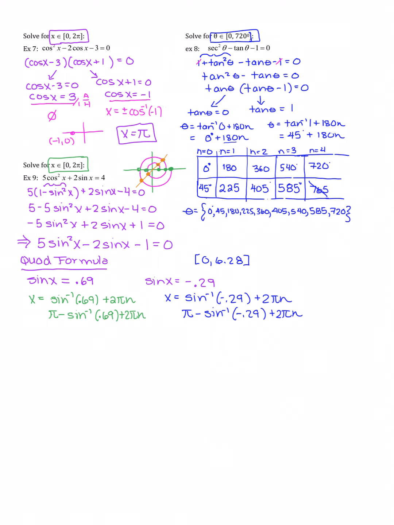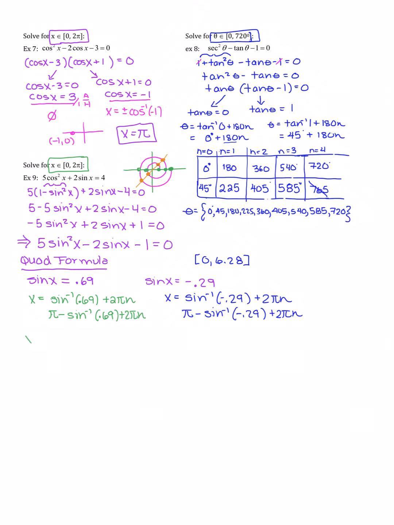So inverse sine of 0.69, get to my calculator, it's giving me issues. Come on, stop. There we go. Okay, second sine, was it negative? No, just 0.69 is 0.76.